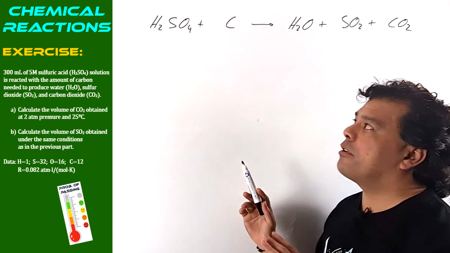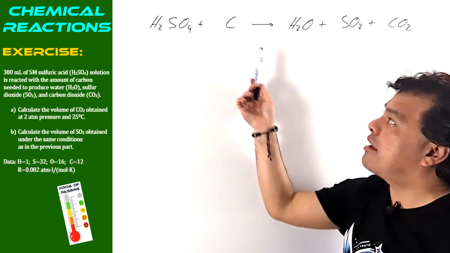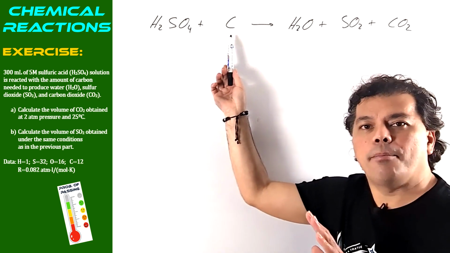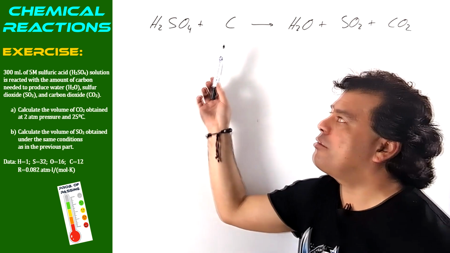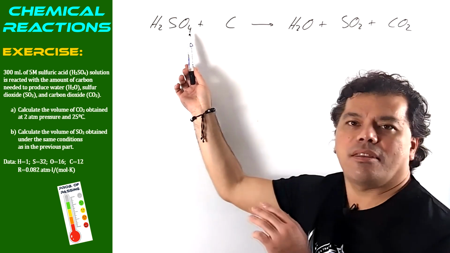And the first thing we're going to do is to balance this equation. And as I told you previously, whenever you see a single substance, please leave it for last in order to avoid that horrible situation that when balancing an atom, another atom gets imbalanced.